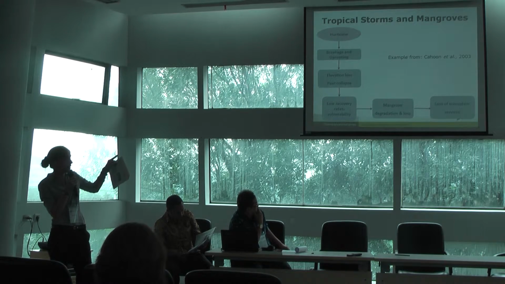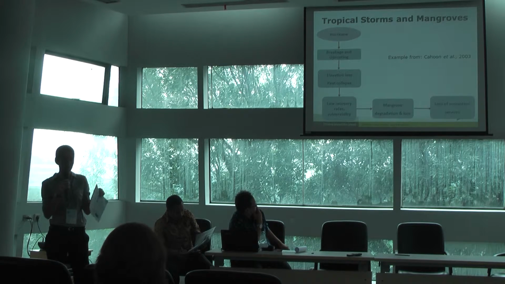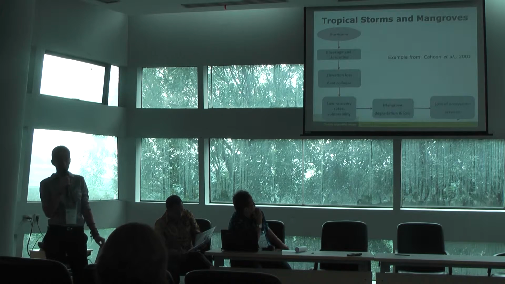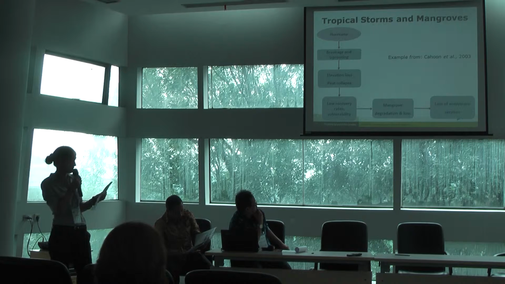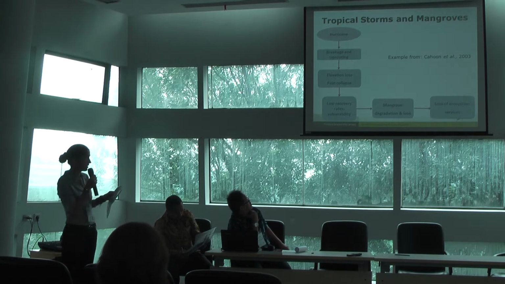So the hurricane hit the coast and broke the trunks of the mangroves and also uprooted trees due to violent winds, which then led to elevation loss due to erosion, which then led to peat collapse as there was pressure on the soil due to tree mortality.